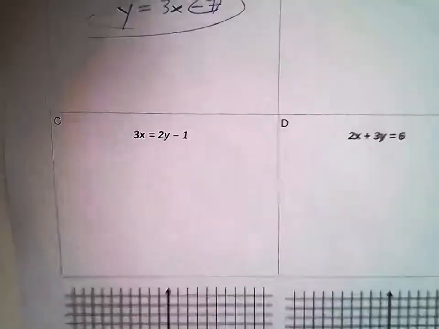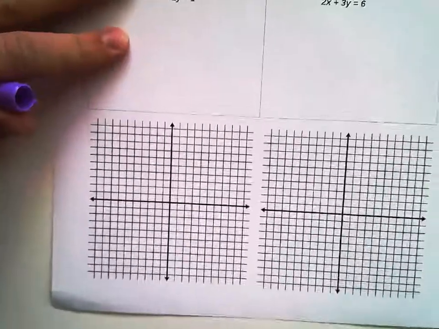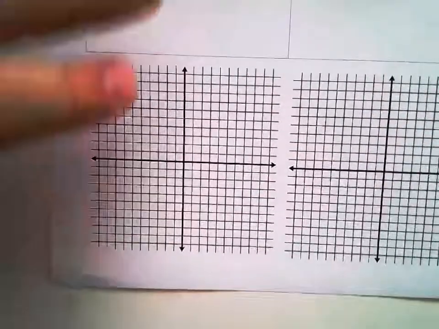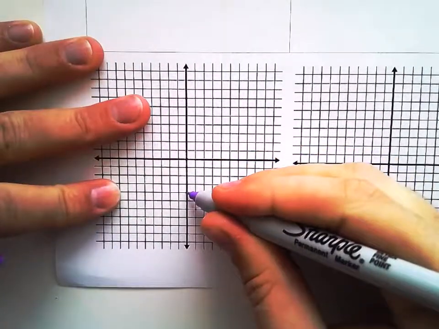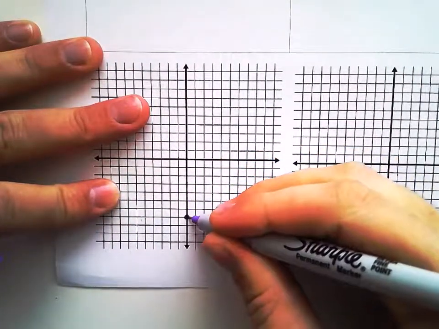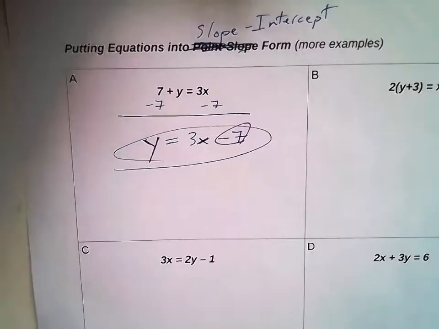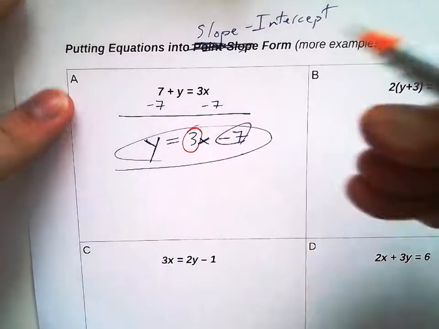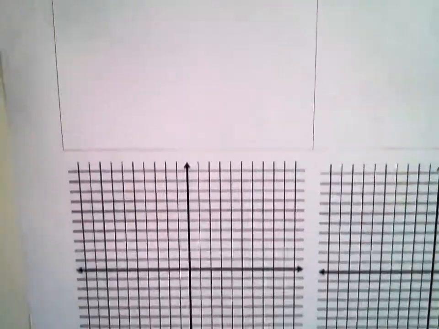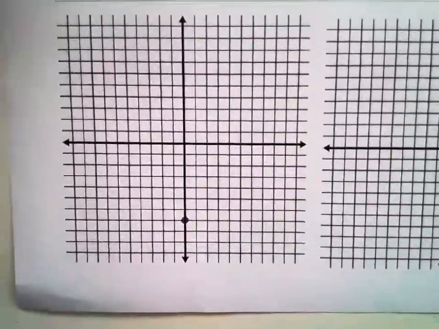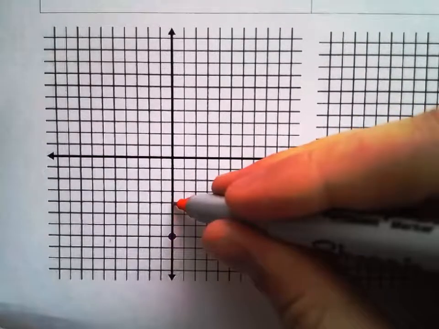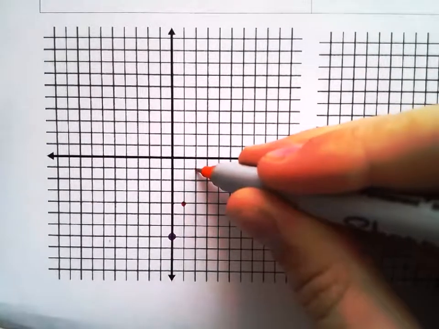Negative 7 will be down 4, 5, 6, 7, and then the slope is 3. So I'll go up 3 over 1, up 3 over 1.